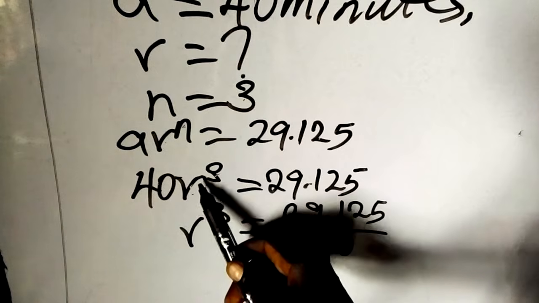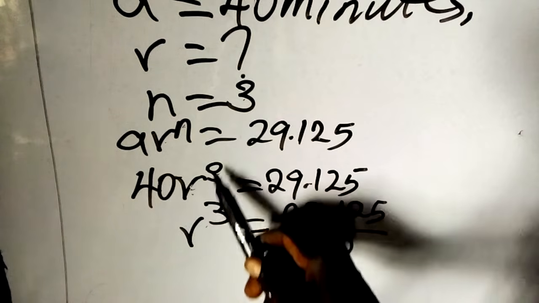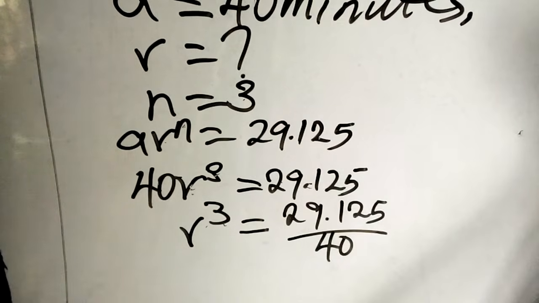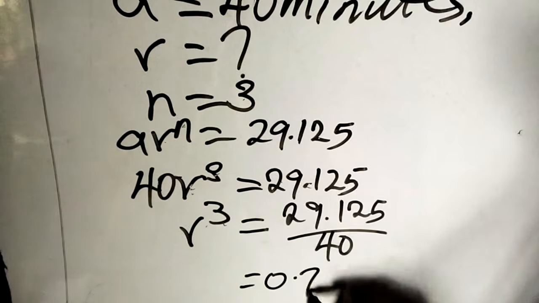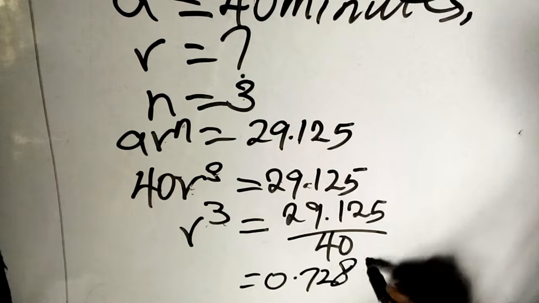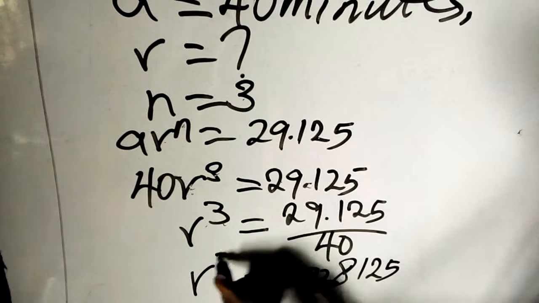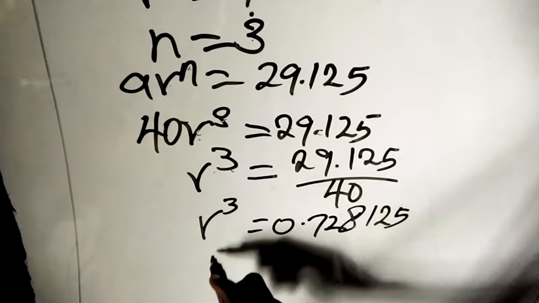To make R the subject of the formula, divide both sides by 40. So you'll be left with R raised to power 3 equals 29.125 divided by 40. If you divide that by 40, then you have 0.728125. That is R raised to power 3 equals this. To get the value of R, you find the cube root of both sides.